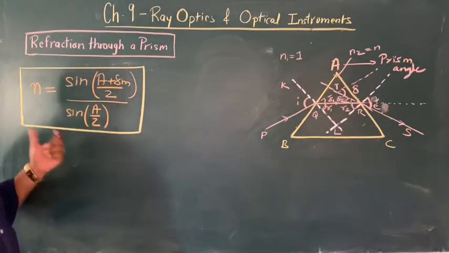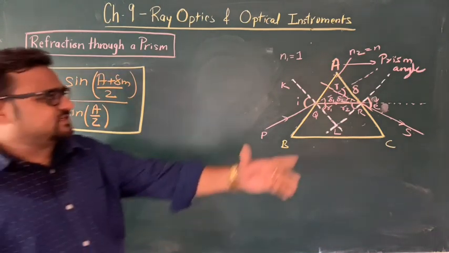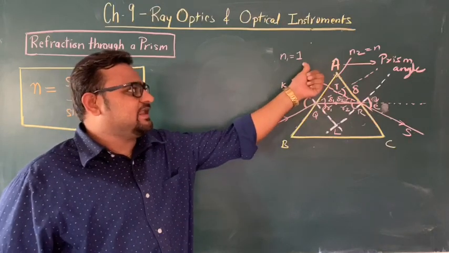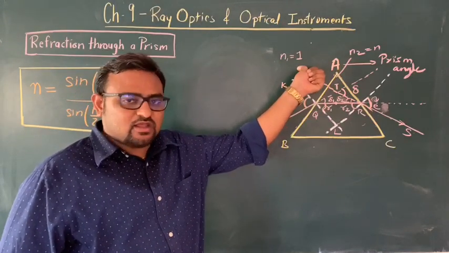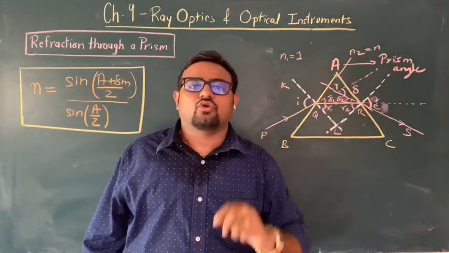Now, in this equation of refractive index of prism, we have taken the surrounding medium as air. So it was n1 equal to 1 and the refractive index of prism was equal to n.